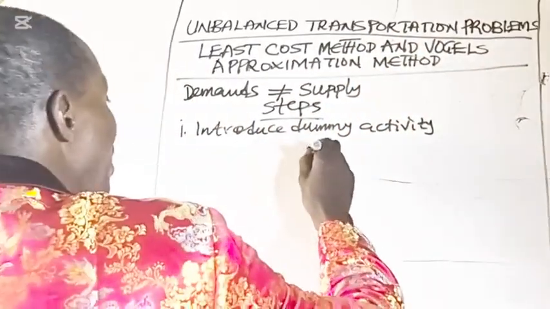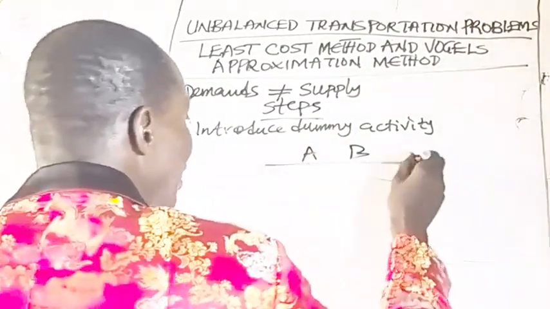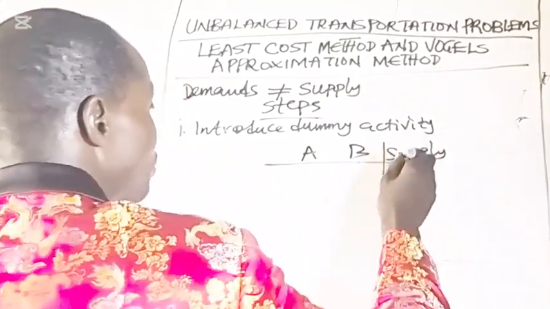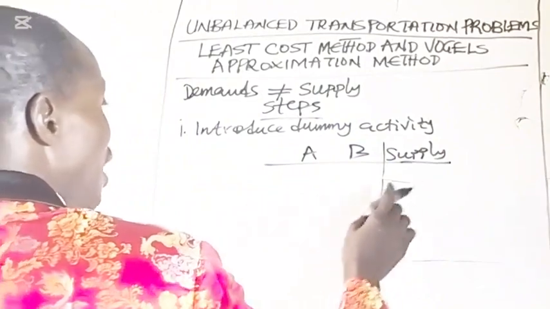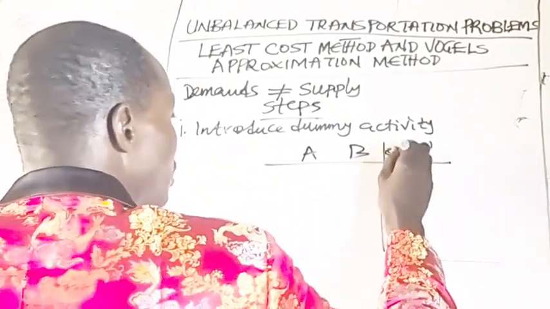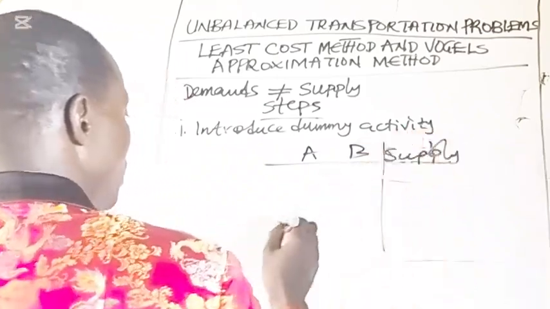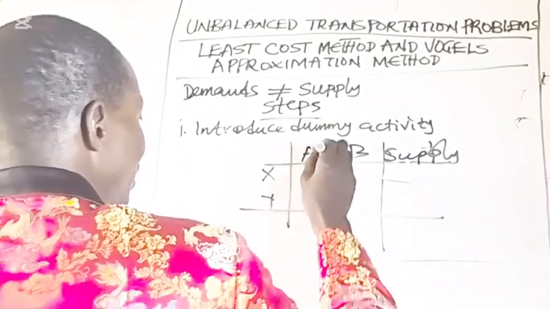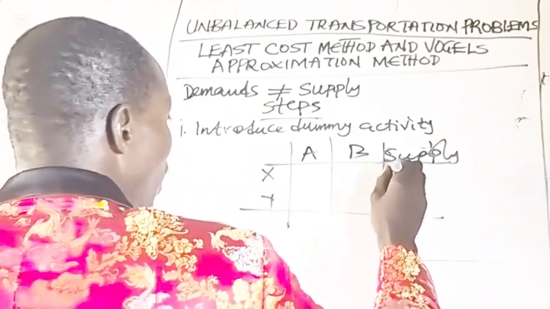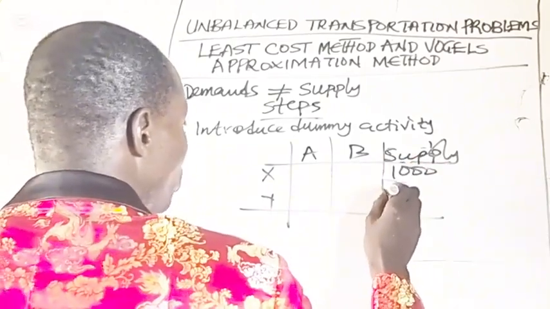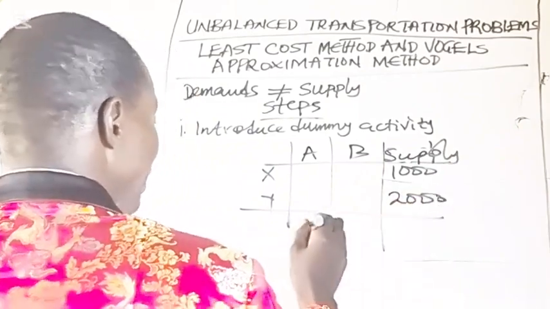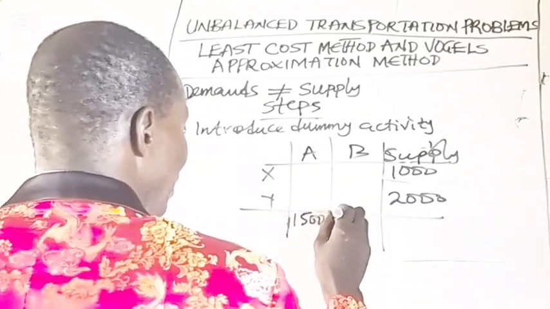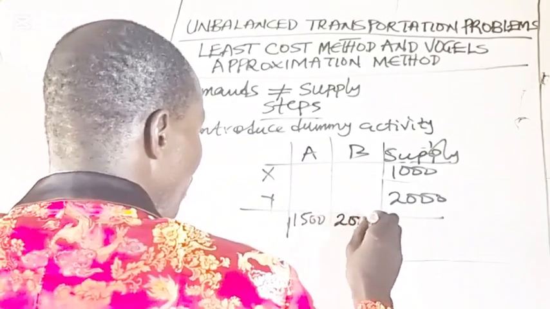Let us say you have A, B, you have your supply here, and then you have X and Y. If this is 1,000 and this is 2,000 and this is 1,500 and this is 2,000.